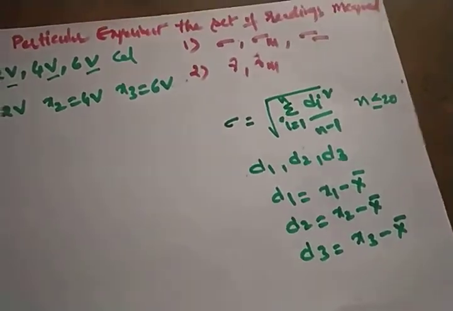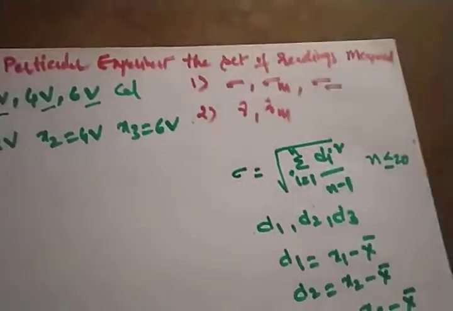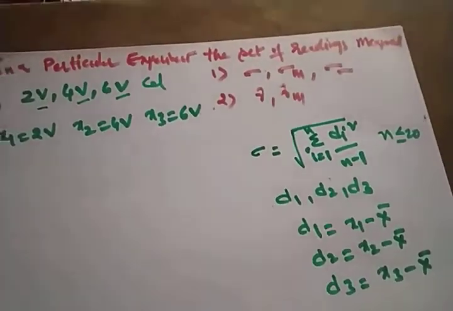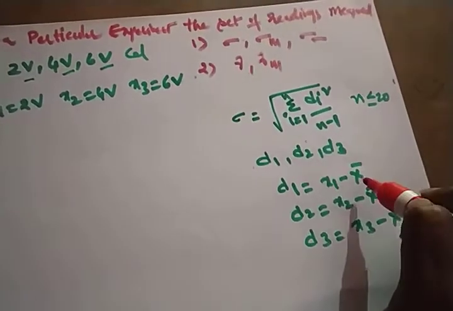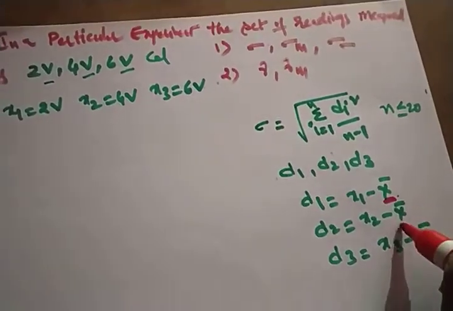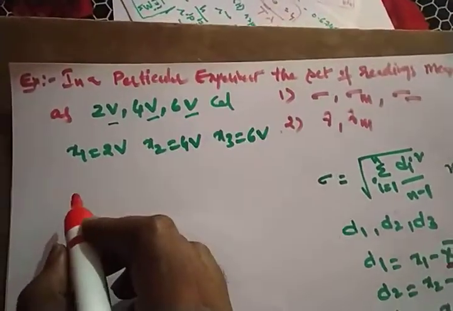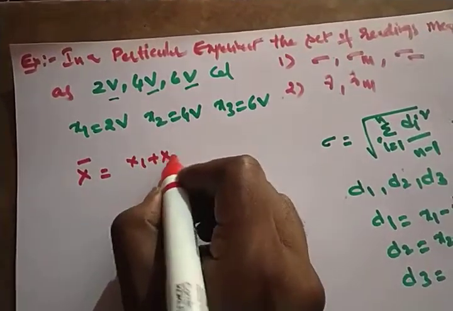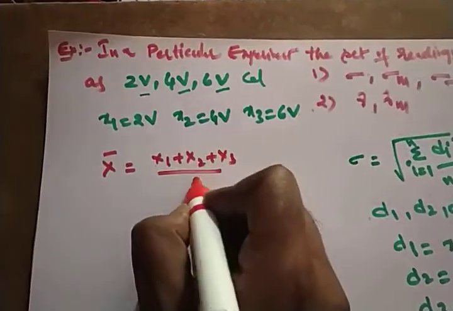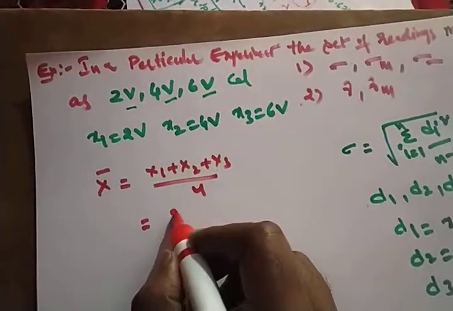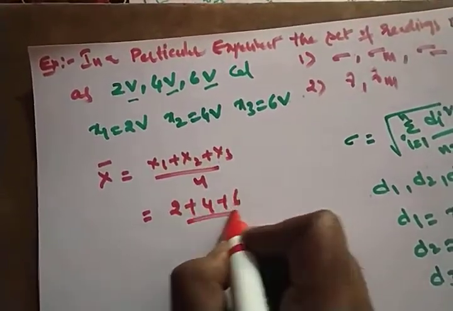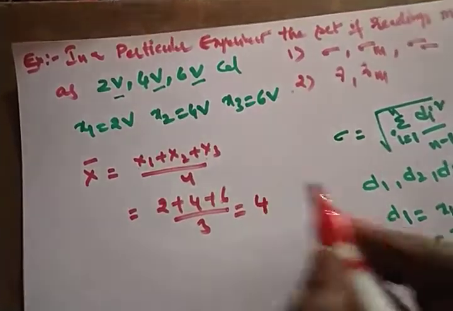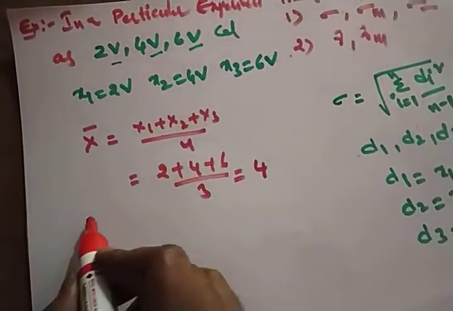But before that, you have to find out x bar. What is the formula for x bar? Mean value is x1 plus x2 plus x3 by n. So 2 plus 4 plus 6 by 3, 12 by 3, which is 4.